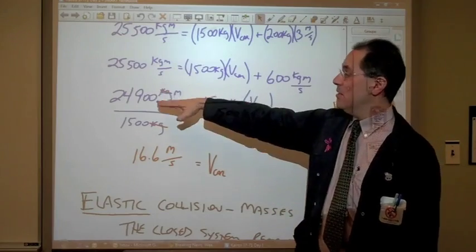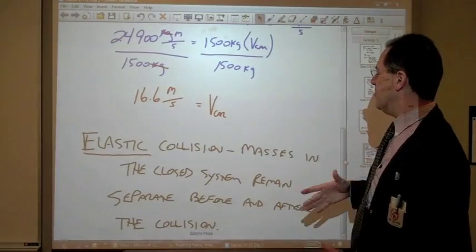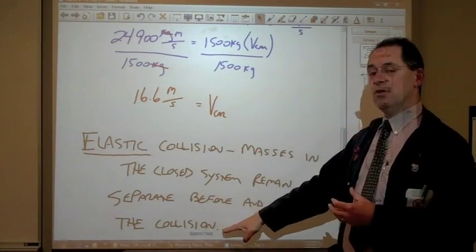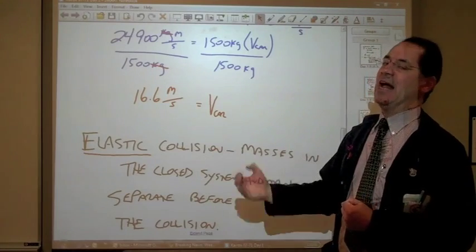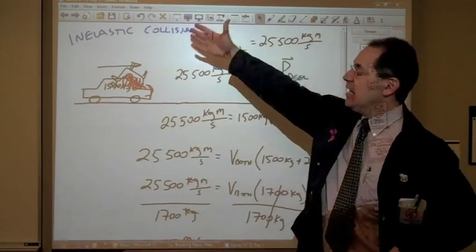Total, again, remained 25,500. This type of collision, where the masses in the closed system remain separate before and after collision, is called an elastic collision. We also looked at an inelastic collision.